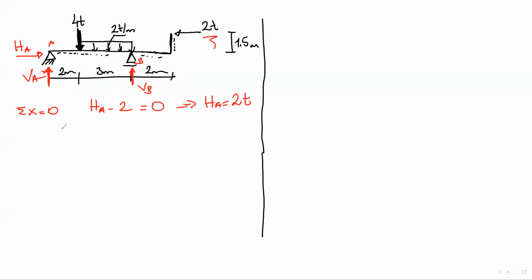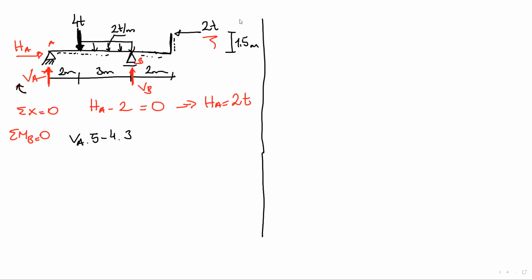Now let's do total MB equals 0. Let's say this direction is positive. VA times 5 minus 4 times, we are at the point load 3.